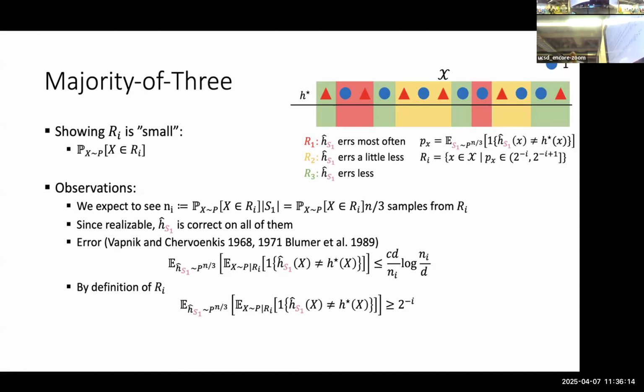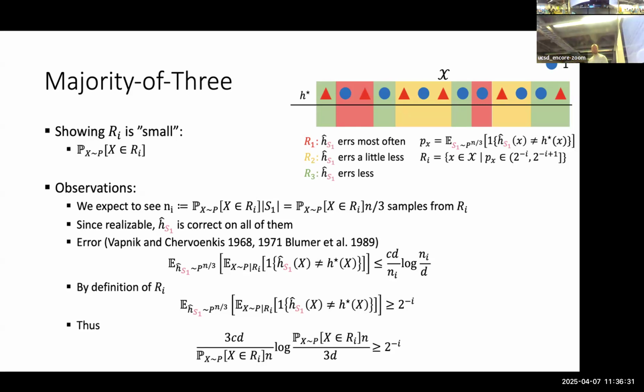But at the same time, we also define this region Ri so that we often make a mistake. We also have a lower bound on how often we misclassify these data points. So we also say that your expected error on a point from this region is at least 2 to the minus i. Now we just combine these two to get a bound here, expanding what ni is: the probability x is in Ri, times n over 3.